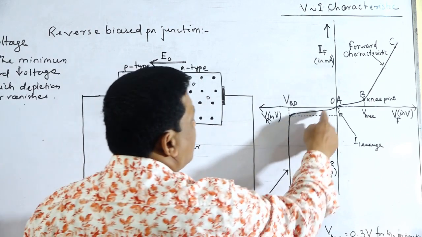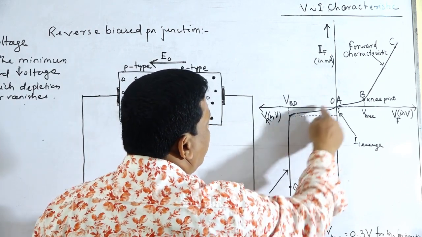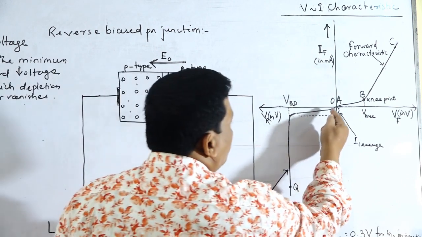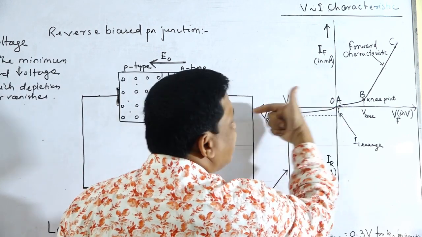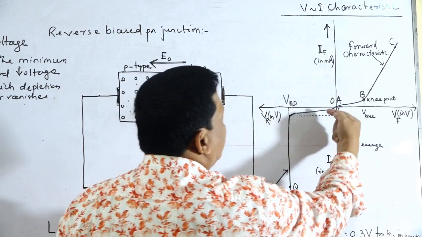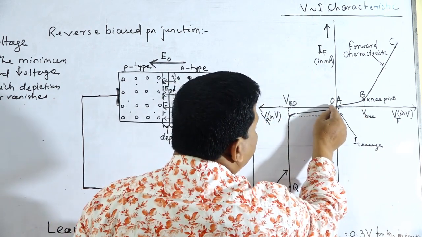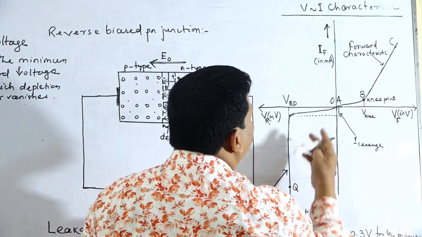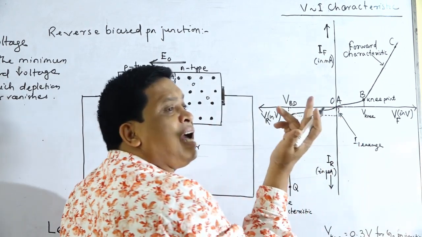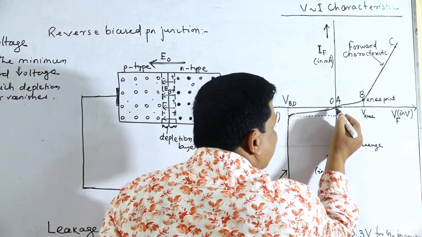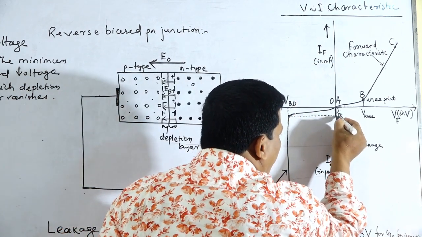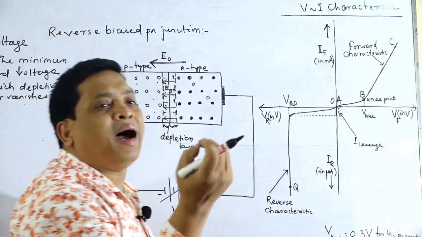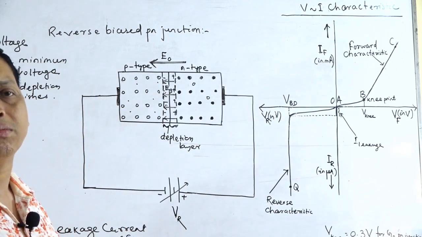Now come to the VI characteristic in the reverse biasing condition. Now this reverse voltage means negative voltage. When we are increasing reverse voltage, there is no current due to majority charge carriers, but a small leakage current flows due to the minority charge carriers.